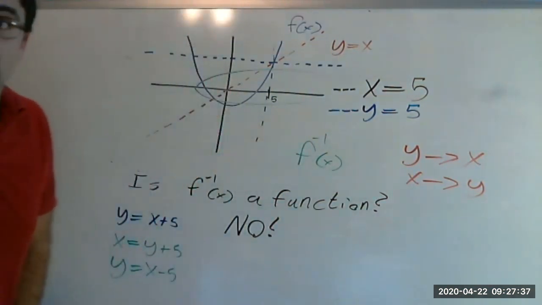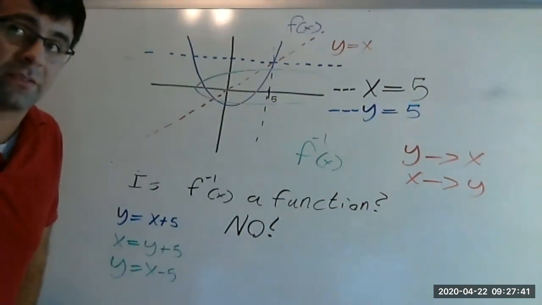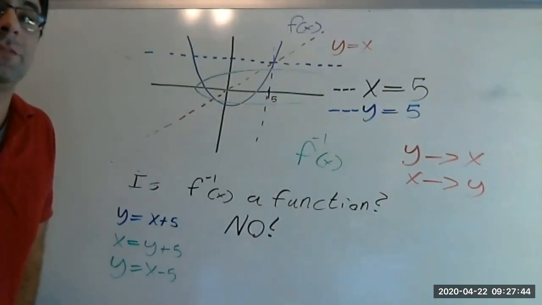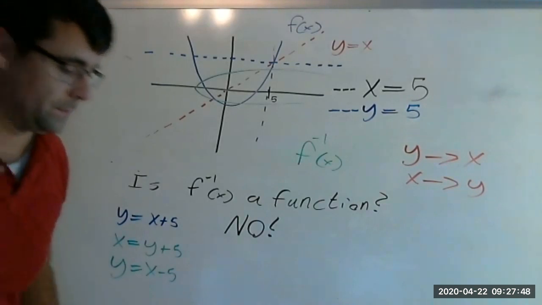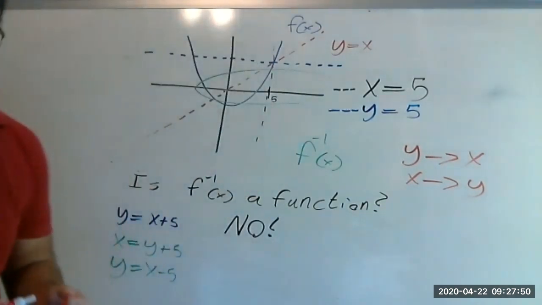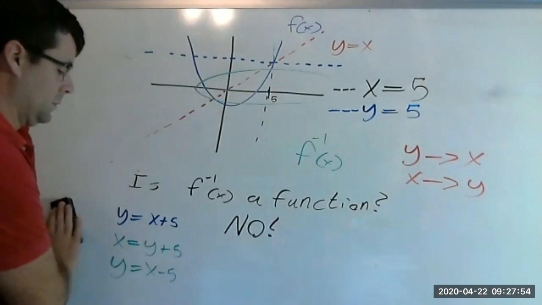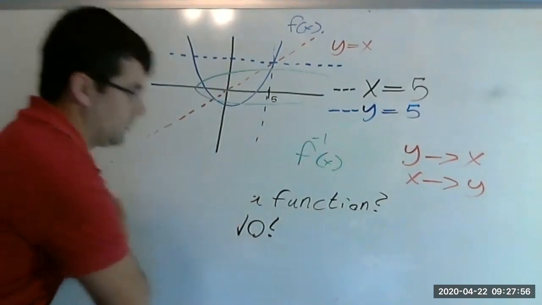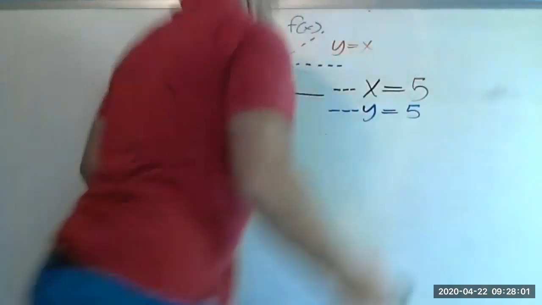So the way you determine whether or not a function has an inverse is if that function passes a horizontal line test. All right.